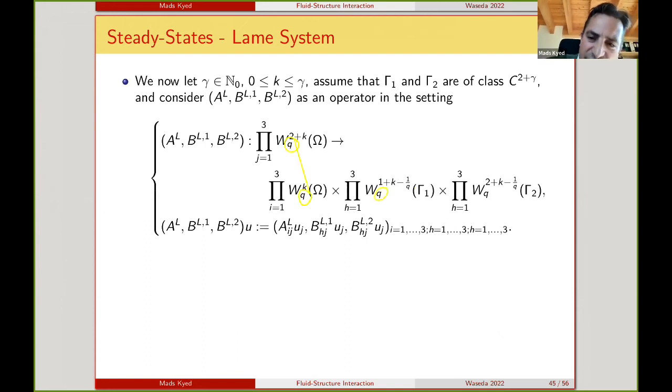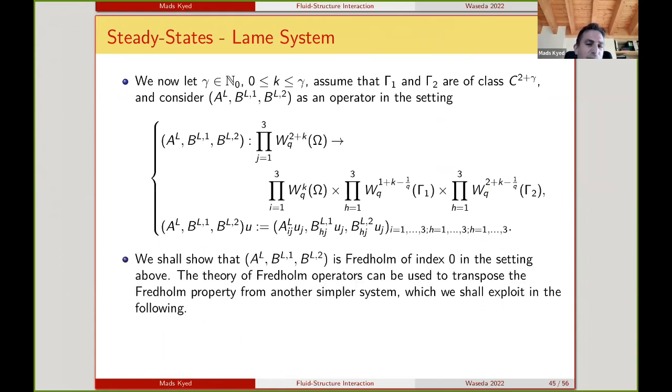Of course, I've done this because at some point I need to also look at the Stokes equations, and in the Stokes equations, p is usually used to denote the pressure, so I need a different letter to denote the exponent in my Sobolev spaces. Okay, so this is the framework of function spaces in which we now consider our Lamé system.